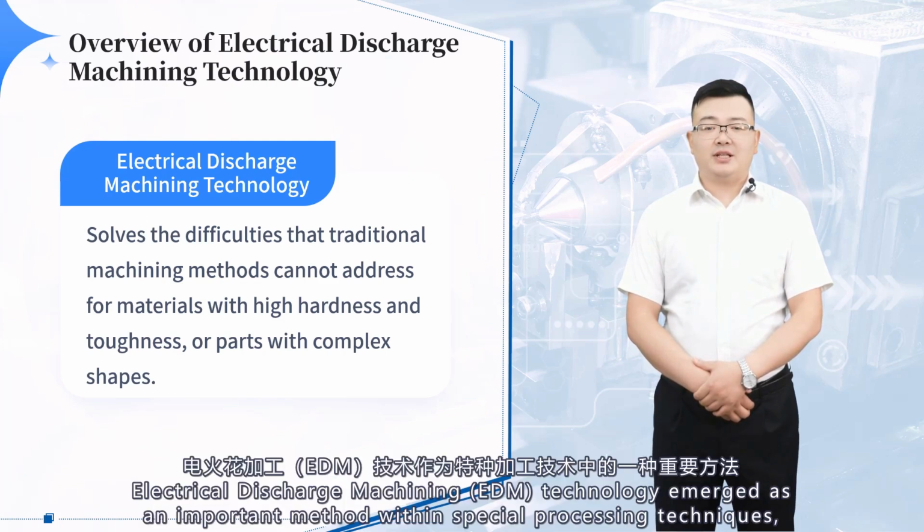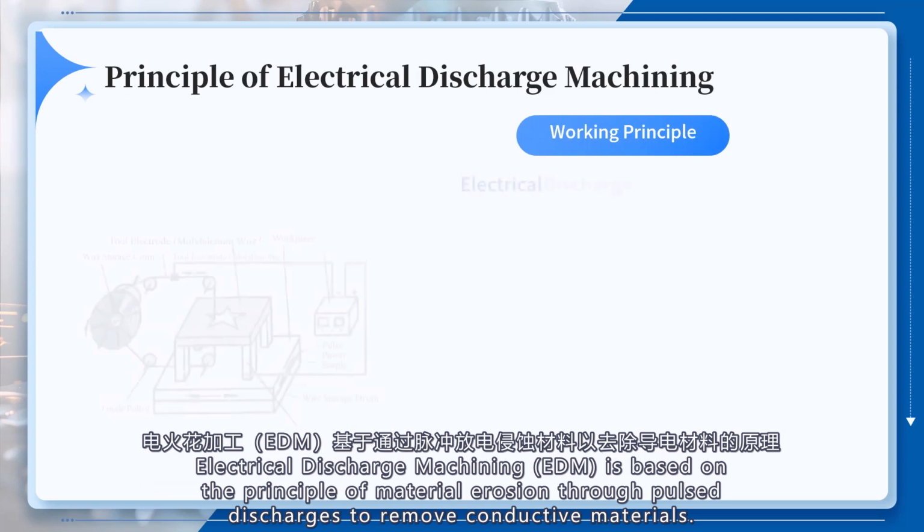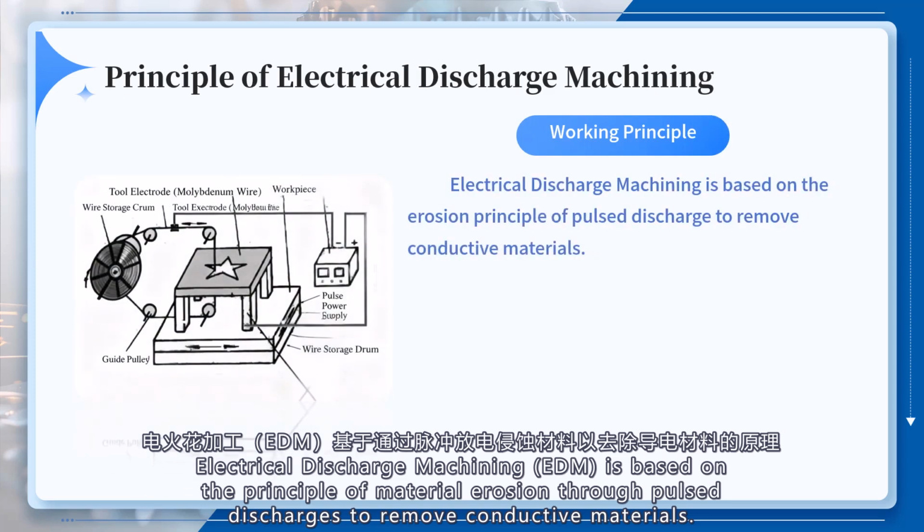Electrical discharge machining (EDM) technology emerged as an important method within special processing techniques, offering new solutions to these problems. Electrical discharge machining (EDM) is based on the principle of material erosion through pulsed discharges to remove conductive materials.